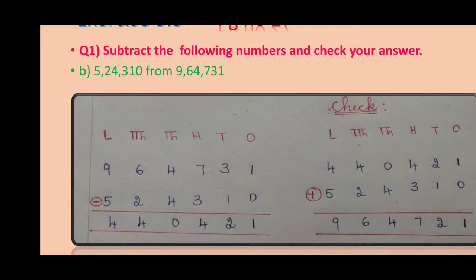Now we have to check your answer. In the question, they asked us to check your answer. So what we have to do is, again write, leaving 2 or 3 finger space sideways. In your classwork also, use your right side margin, children. Your left side margin is thin and the right side margin is broad.